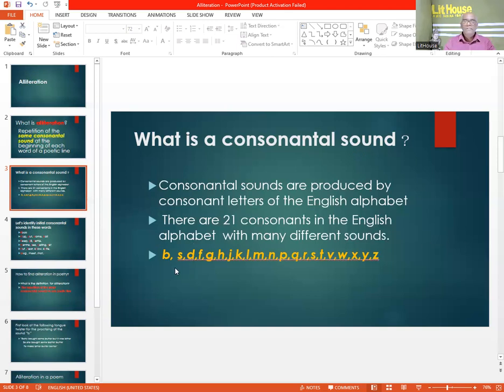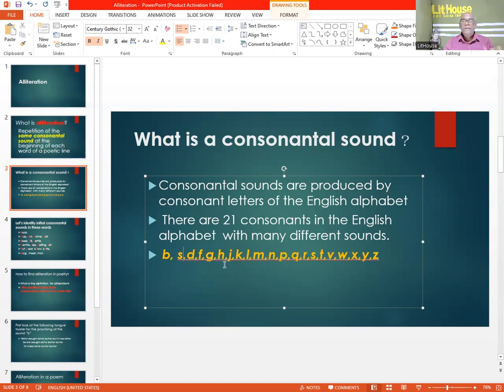For example, B, C, D, F, G, H, J, K, L, M, N, P, Q, R, S, T, V, W, X, Y, Z or Z. Now, these are the 21 consonants.